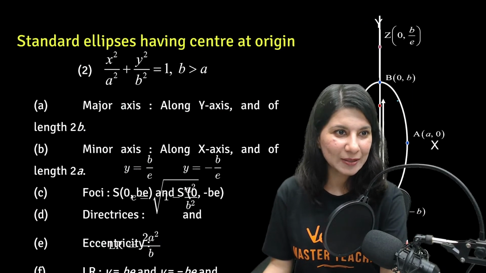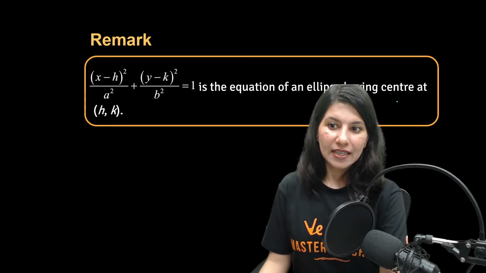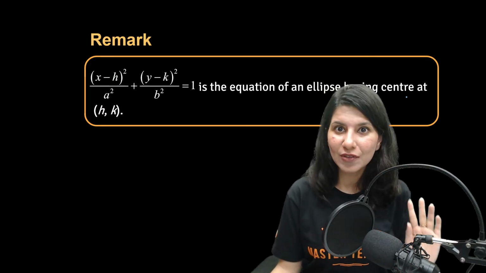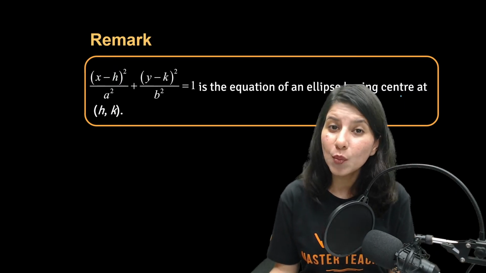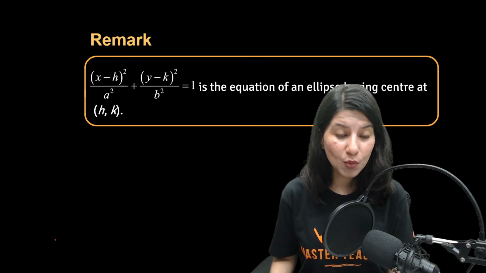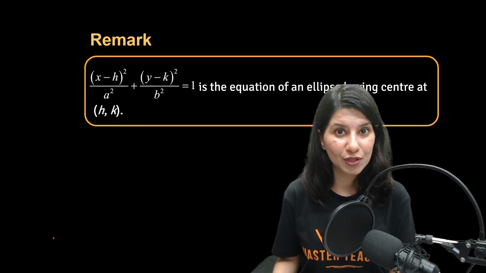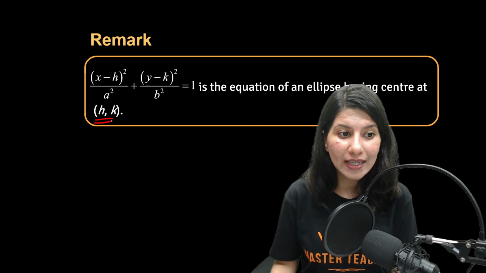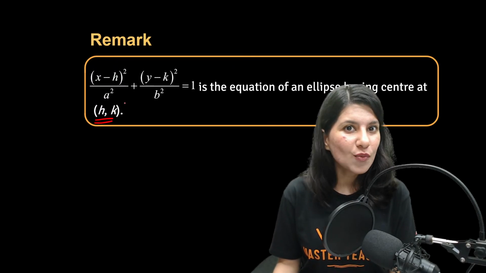Now we have studied two ellipses. Horizontal ellipse, vertical ellipse. But did you notice that both the ellipses were having centers at origin only? Yes, both the ellipses were having centers at origin. But now we want an ellipse whose center is h, k and it is not origin. So how will you write?